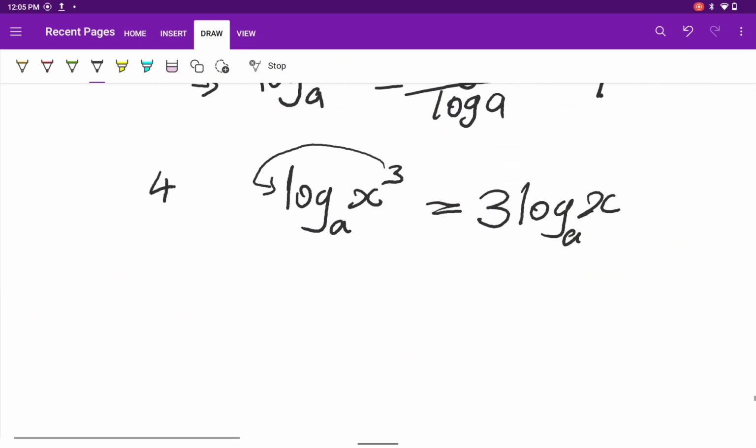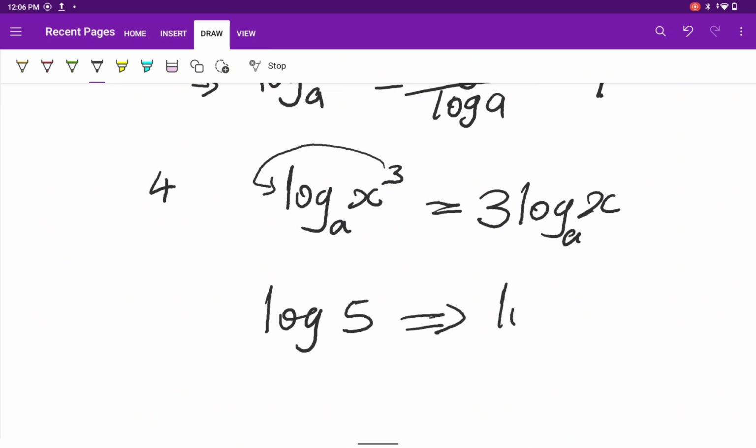Right, now a log without a base, we assume that the base is 10. For example, if we just write log 5, it means this is the same as log of 5 base 10. So if the base is not there, then we know it's a 10. We need to remember that.